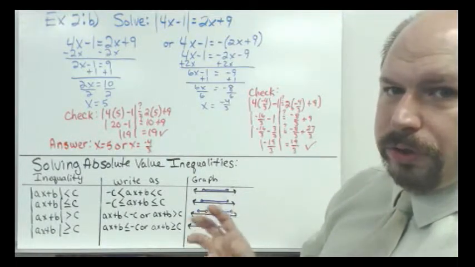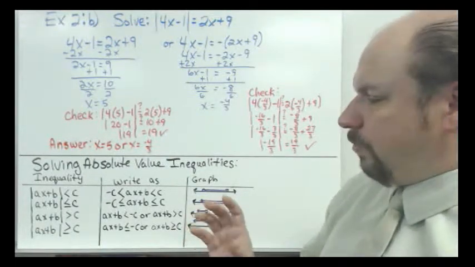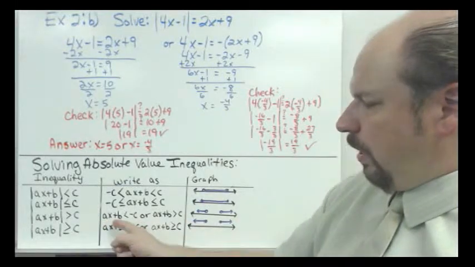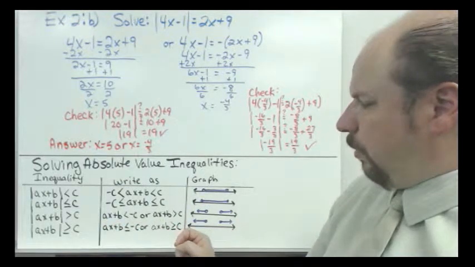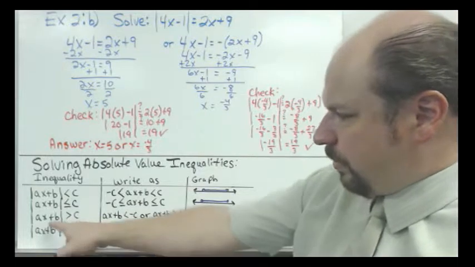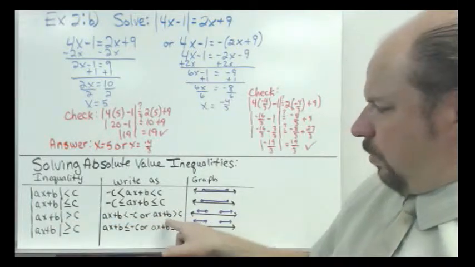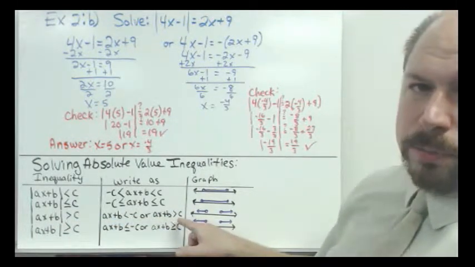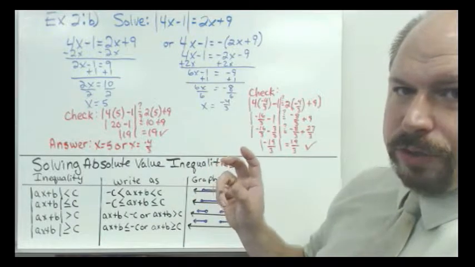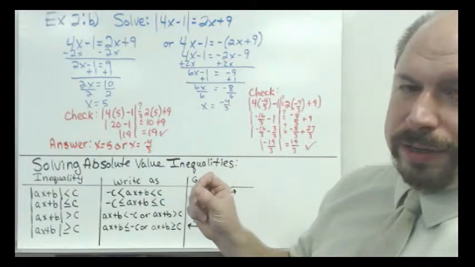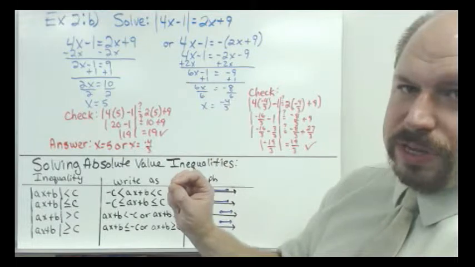Now when we have a greater than, that's a little different story. We have to treat it a little bit differently. We have to go ahead and write it as our two separate equations. Now notice ax plus b is greater than c. I have that here. But remember, when we have an inequality, when we multiply by a negative number, we have to switch the sign around.